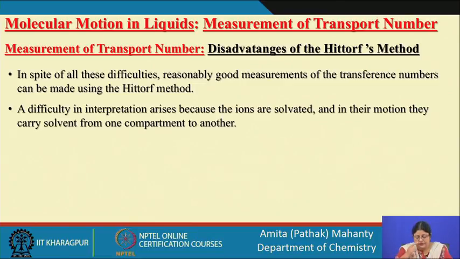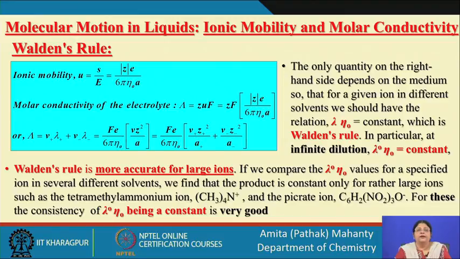Now, when we talk about the solvated ion, what I missed out in previous classes is to let you know about Walden's Rule. What is Walden's Rule? If you see the ionic mobility definition, it is the drift speed per applied electric field, and from the derivation which we did using Stokes' law, we found this expression for the ionic mobility.